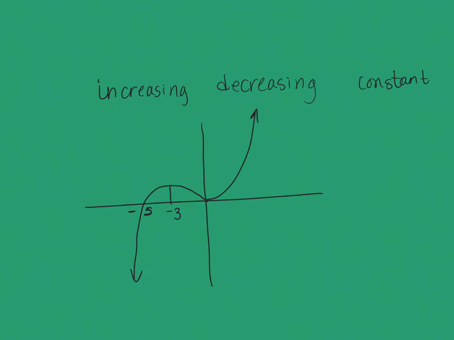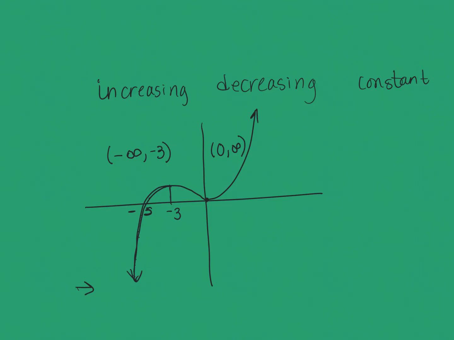If you look at this function, we always read them from left to right, just like you read a book. I am increasing as I go from left to right. I'm traveling uphill on the interval from negative infinity up to negative 3. That is increasing. And then I increase again from 0 to infinity.